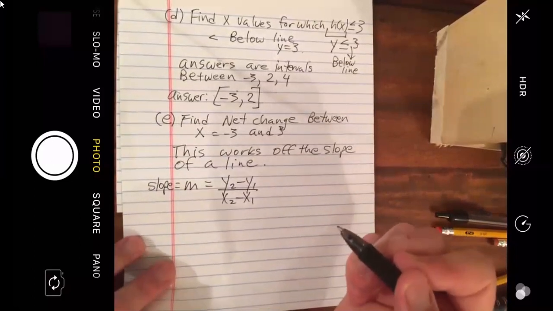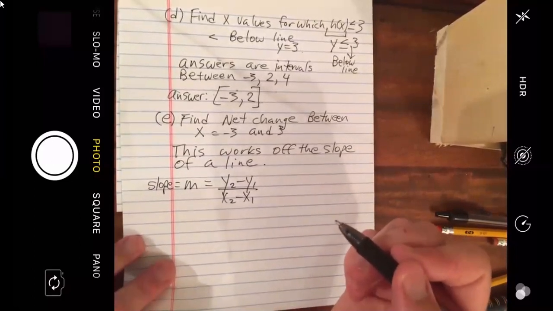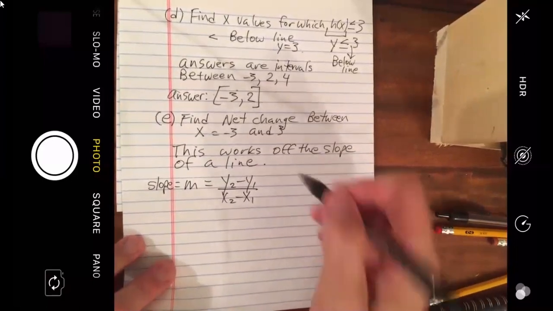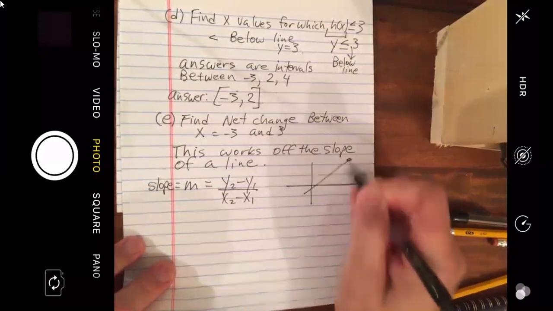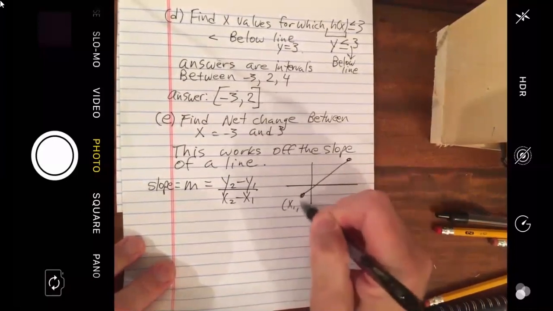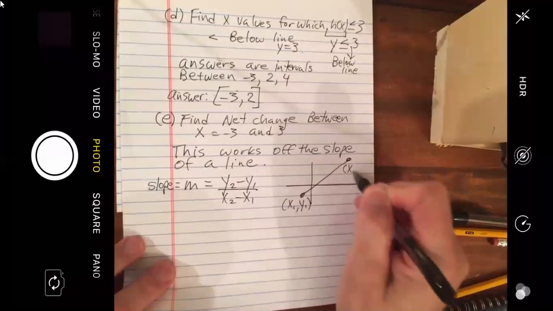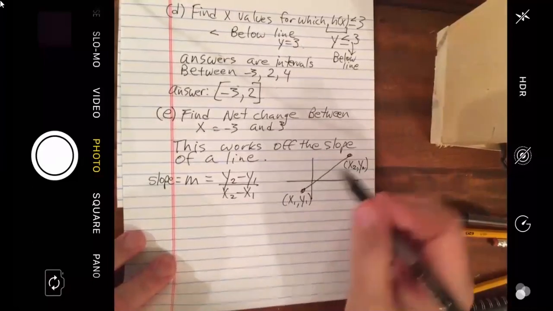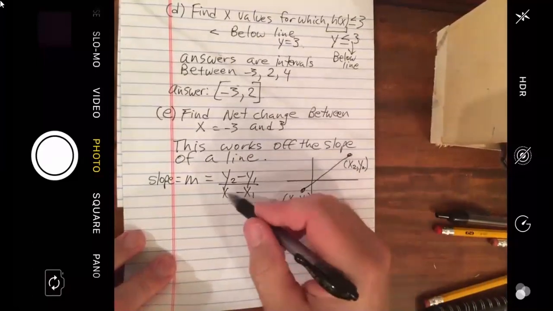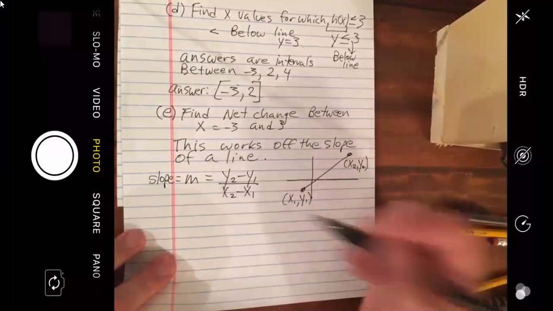Does that ring a bell? Yes, it's all coming back to me. Okay. Just to give you a picture of it, you can have your x1, y1 here and your x2, y2 here. For your slope of the line, you subtract the y coordinates, you subtract the x coordinates, and you divide them.